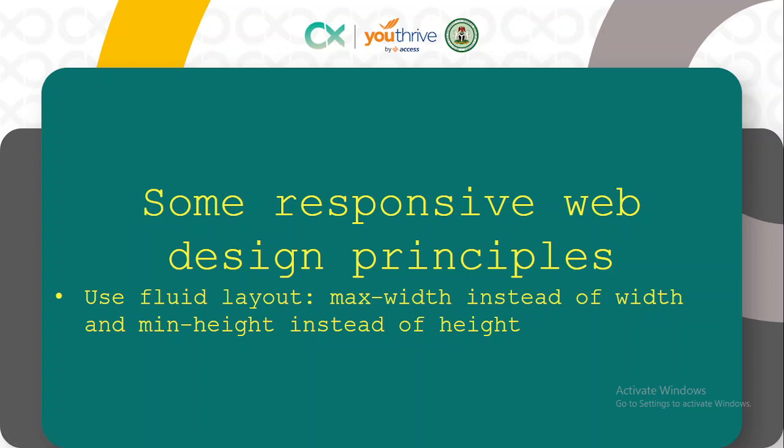And what is a fluid layout? A fluid layout is just like the word fluid. It can compress and it can expand. So we use the max width instead of width, and we use the min height instead of height. We have seen an example of this min height, so let's see that of the width.